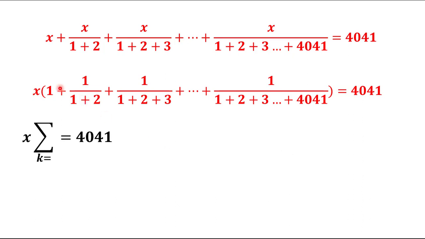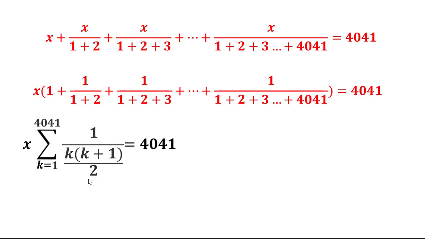Notice that the numerator of all fractions is equal to 1. So we can write 1 over k times k plus 1 over 2, that k goes from 1 to 4041. K times k plus 1 over 2 is the formula to calculate the sum of k natural numbers.